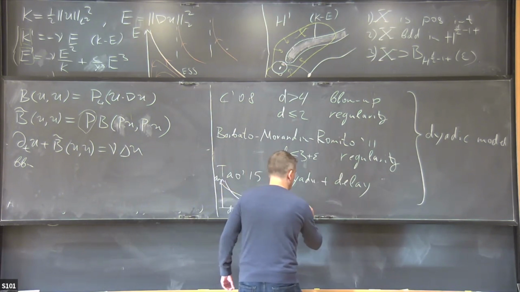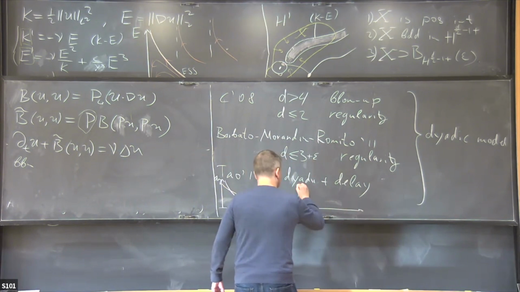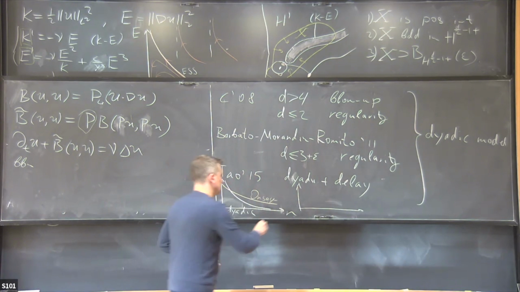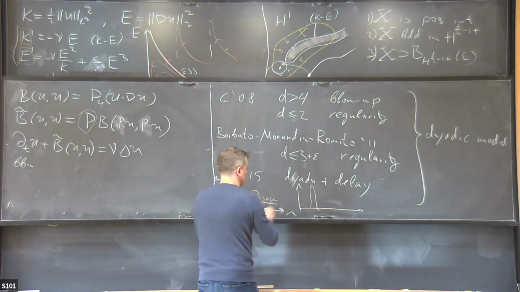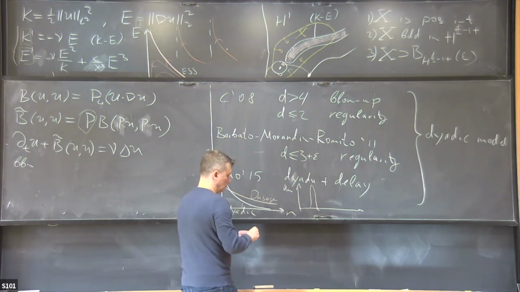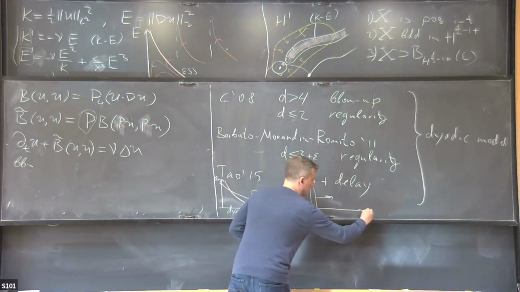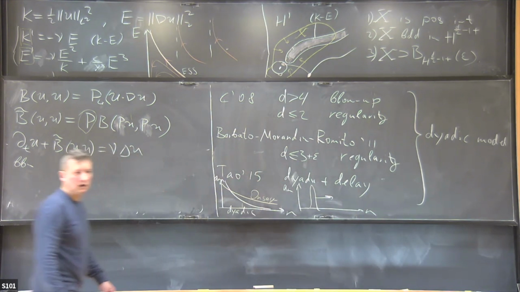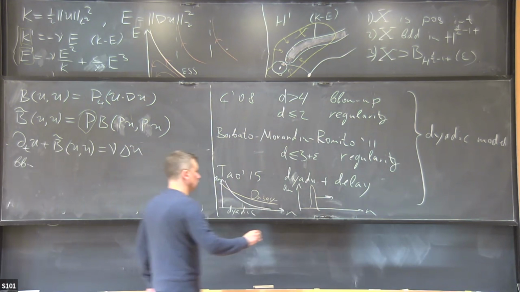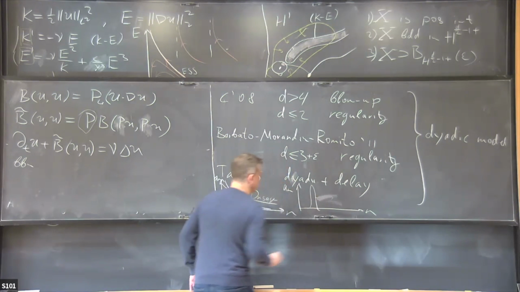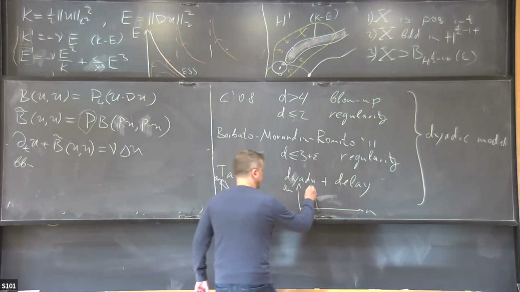So what Tao did, he introduced a delay mechanism so that the energy flux is always local. So a_n looks like this. They're always localized and they're just moving to higher and higher modes. Well, not even moving, that's the wrong word. They're basically replicating themselves.